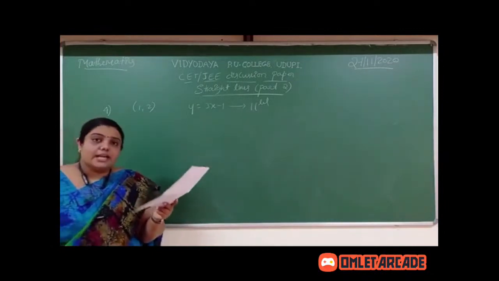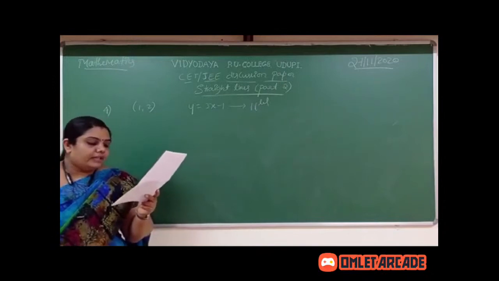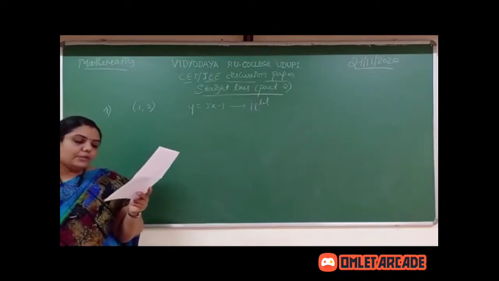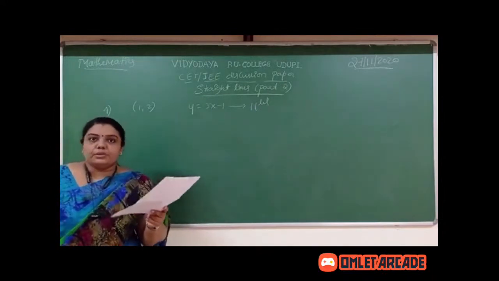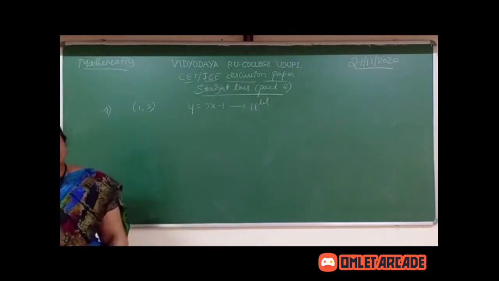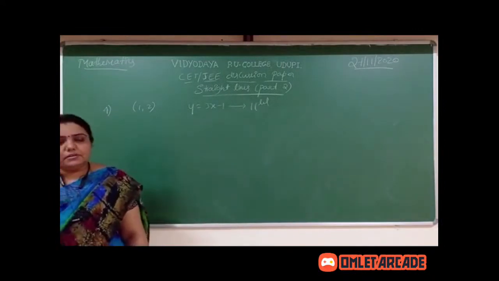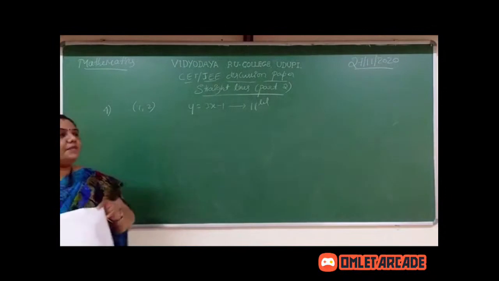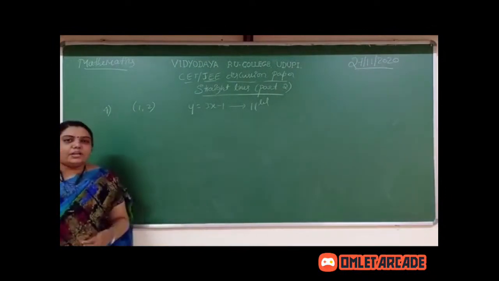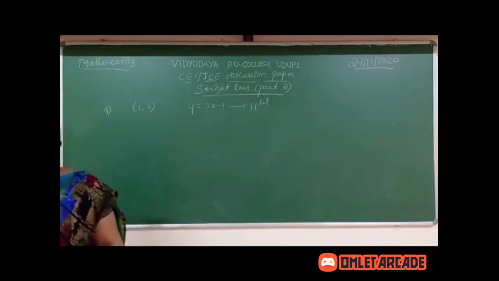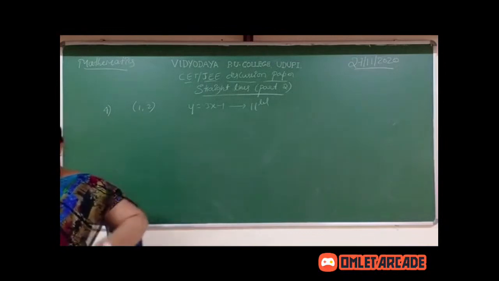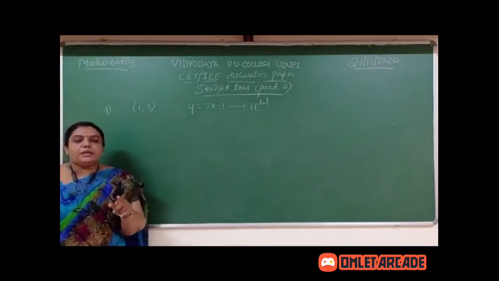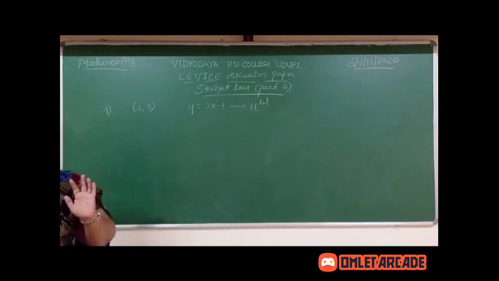Yes, it is satisfying. Still we have to check the fourth one. When y is equal to 2 and x is equal to 1 in equation 4, it is also satisfying. I mean, here you just observe, two options are satisfied by this point. So you can't judge which is the right option here, isn't it? But in case of the first problem, there was only one equation which was satisfied by the point.